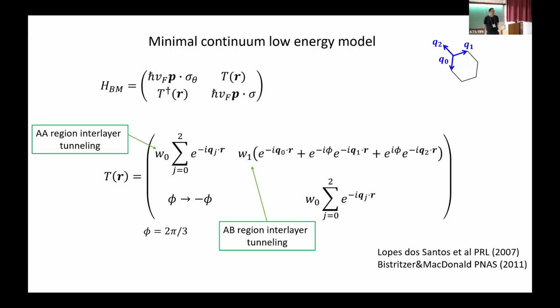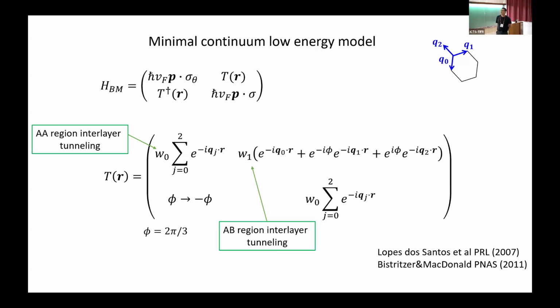But there are other terms which I will discuss in the next lecture. All right. And so in principle, we have another dimensionless parameter in this model, which is the ratio of these two interlayer tunnelings, W0 divided by W1. And at least as theorists, we can play around with that dimensionless parameter as well.